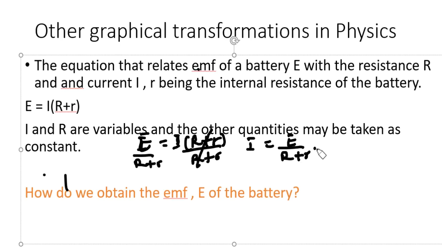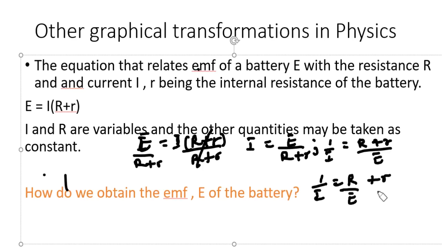r. So if we find the inverse of the current, it will be 1 upon I, and we invert this too. So this is R plus r upon E. Going further, we have that 1 upon I equals R upon E plus r upon E. You now see that this is looking as the equation of straight line, y equals mx plus what?